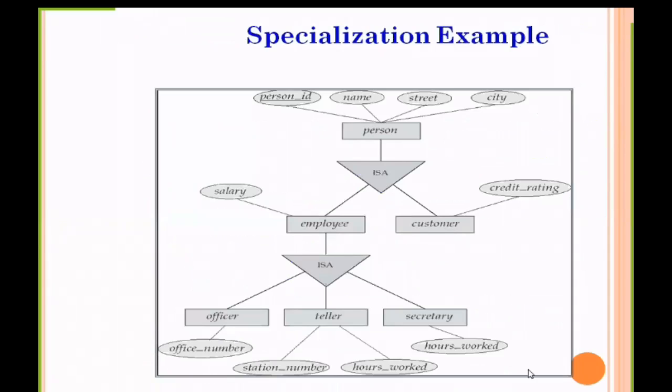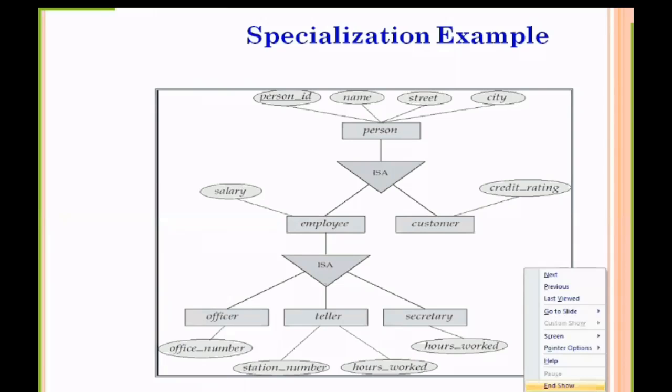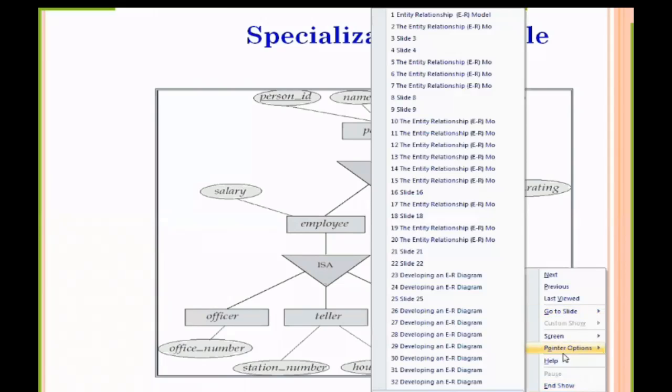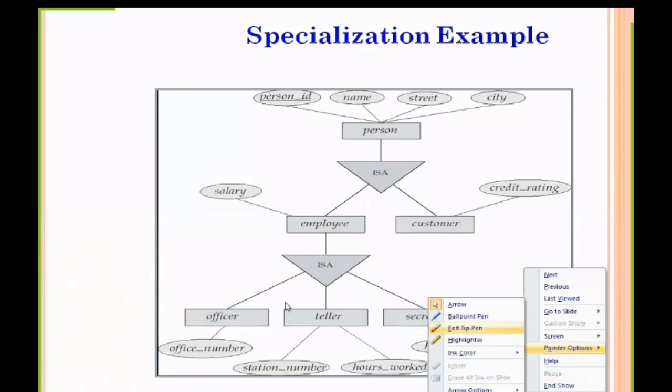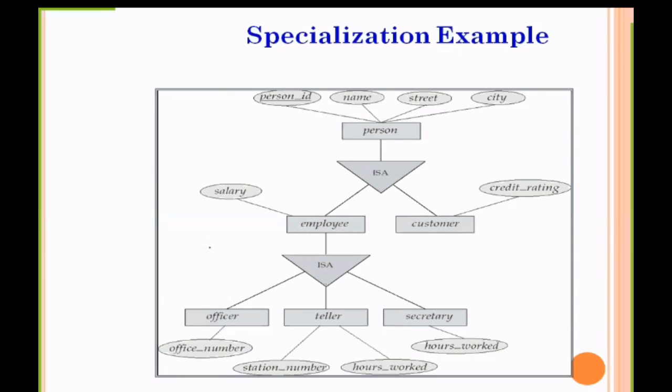Okay, so what that particular point is trying to tell you, one minute, I will just choose one pointer here. Here we have one table, the permanent employee, and this is the temporary employee.